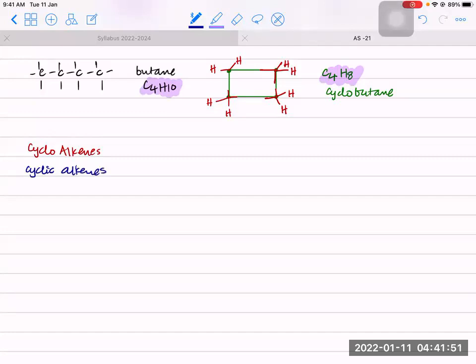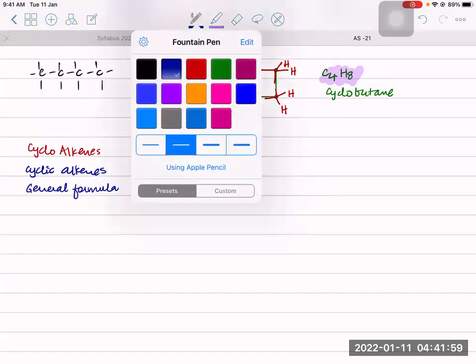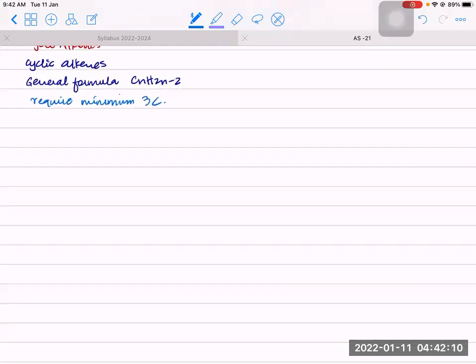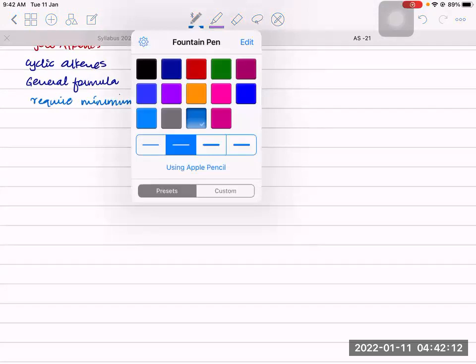The general formula is CnH2n minus 2. And these also require a minimum of 3 carbons.